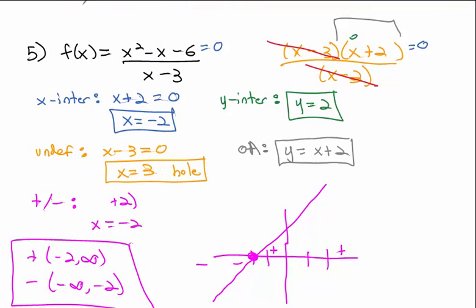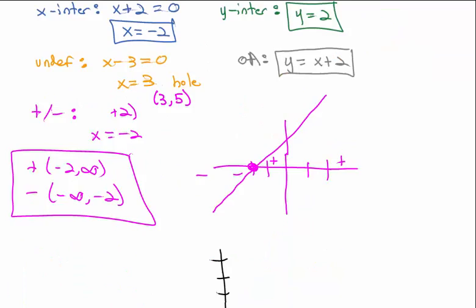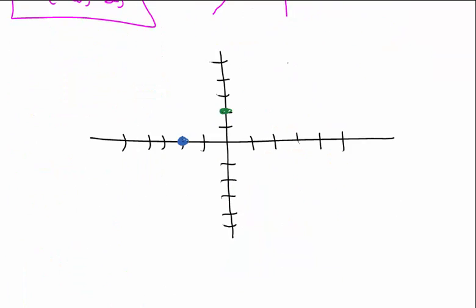The way we're going to find where that hole is, we're going to plug that 3 into the remaining stuff. 3 plus 2 is 5. So at 3 comma 5, there's a hole in the graph, and it should be orange. I'm using the wrong color.